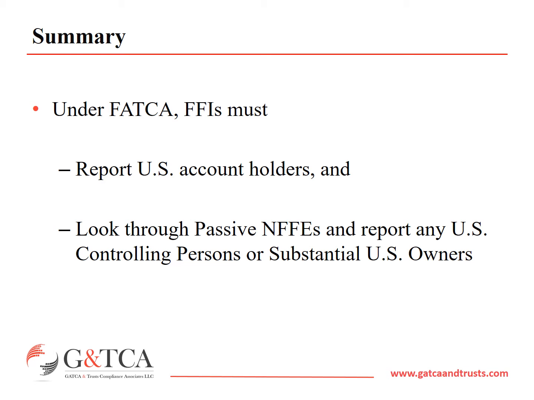And we'll go into what those terms mean when we discuss reporting responsibilities. But for now, just realize that FFIs report their US account holders who hold accounts directly with them, and they look through passive NFFEs and report any US persons behind the passive NFFEs.